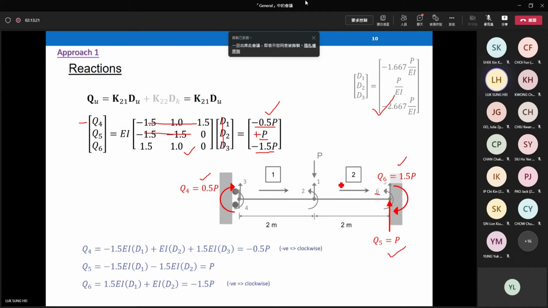You know the reactions, Q4, Q5, Q6, and you also know the loadings. So by using this picture, you can sketch the shear force and moment diagram immediately, right? What about the shear force diagram? How does it look? At the beginning, we have no forces at node 1, right? No force.